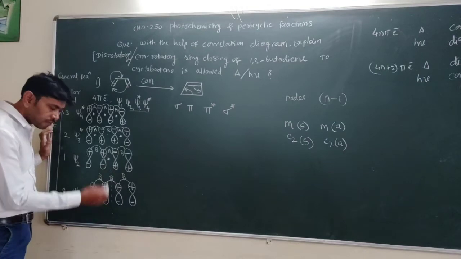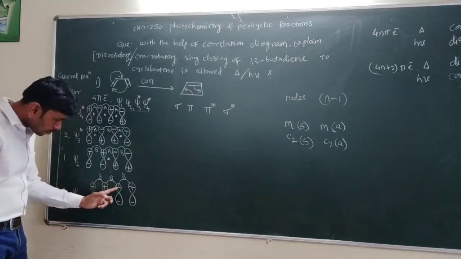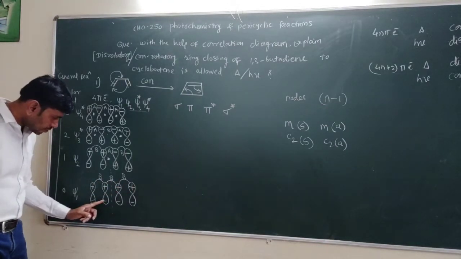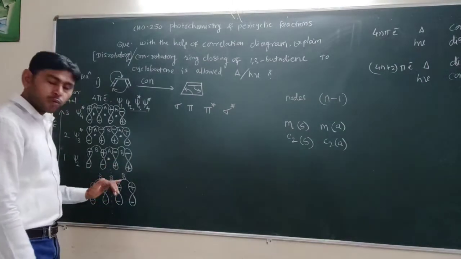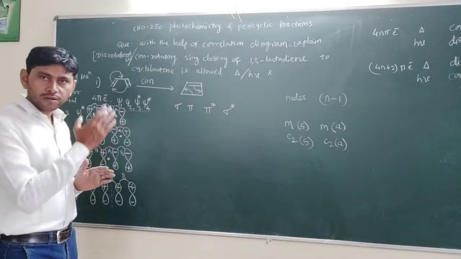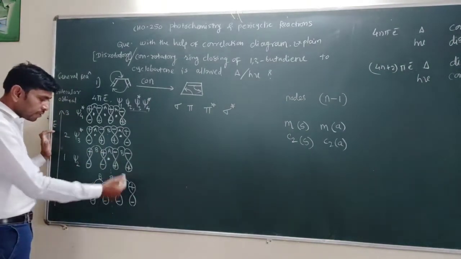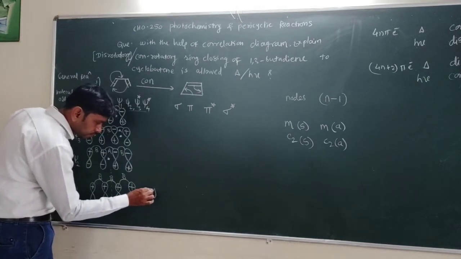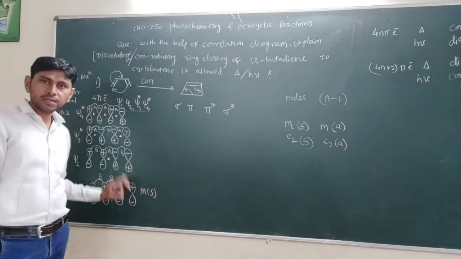If we fold, then this plus sign coincides with this plus sign, and the minus signs coincide with minus signs. That means the same sign coincides after passing the plane. When we pass the plane, the same sign overlaps, and that's why it has M symmetry. This orbital has M symmetry.